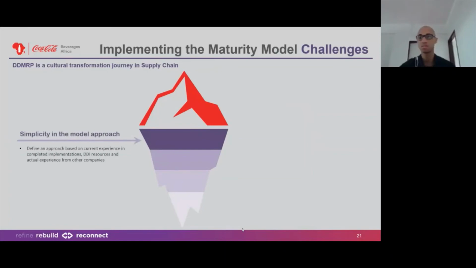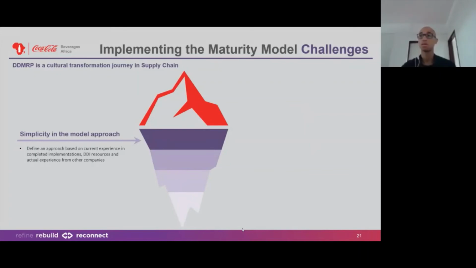So first is simplicity in the approach. We needed to choose something simple. This is a world of so many complex concepts, and there's so much going on. We needed a maturity model, or a way to assess it, to understand where we were. Simple, easy, and obviously validated and logical, but without complexity.